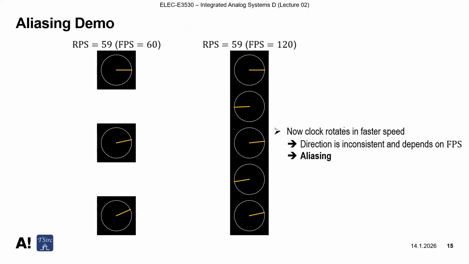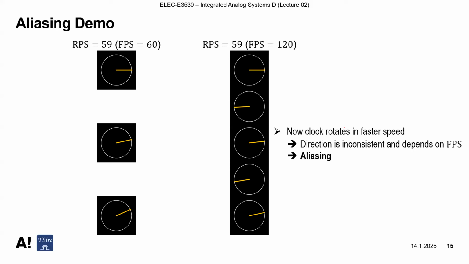When we look at the same RPS equal to 59 with a different sampling speed, we can figure it out more easily. We have frame 1 and frame 2, which corresponds to frame 3 in the FPS equal to 120 case. Then we can see that there is a missing piece for the even frame numbers.